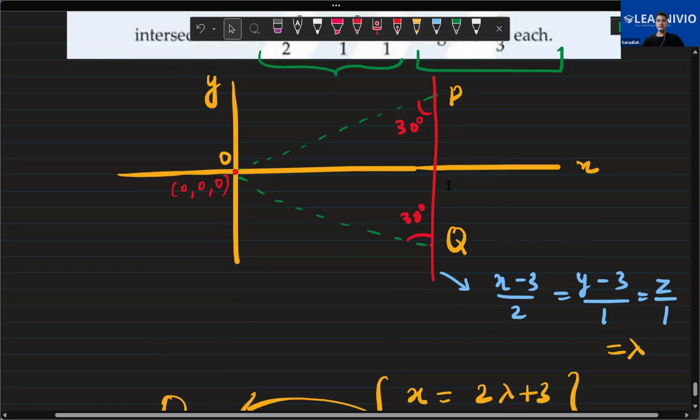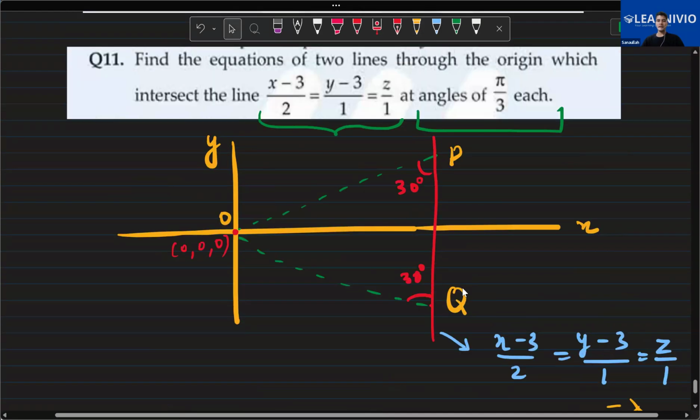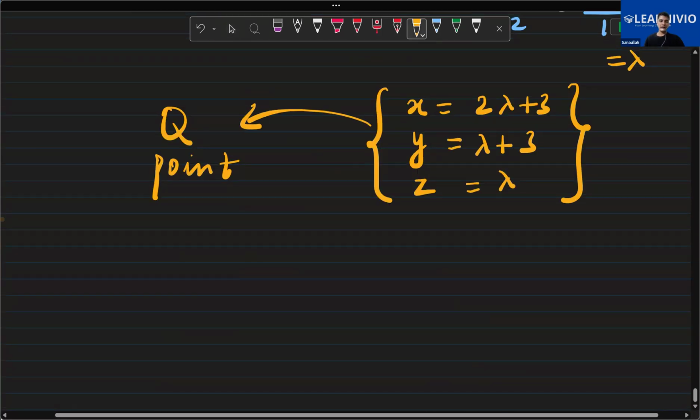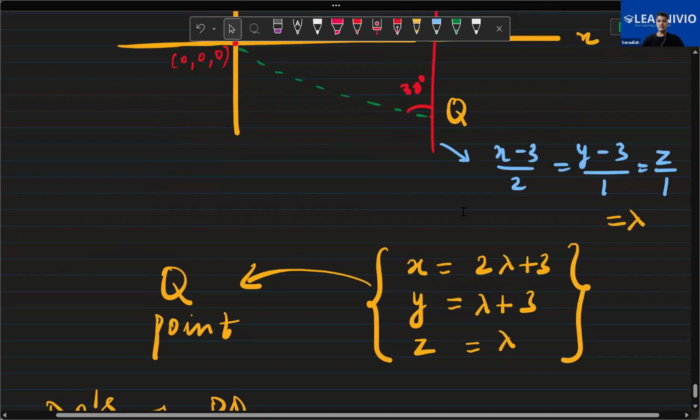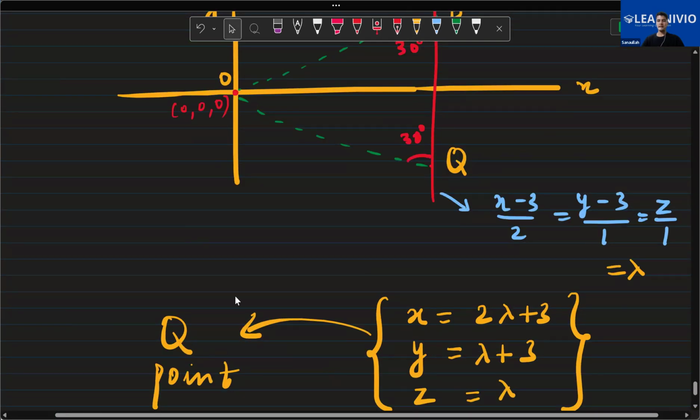So you know what is the direction ratio of PQ? DRs of PQ, that is 2 1 1.